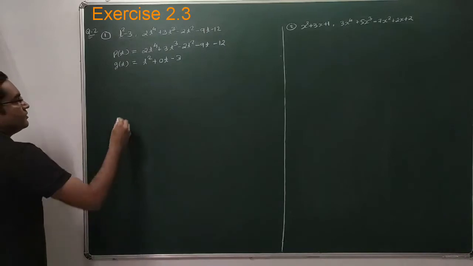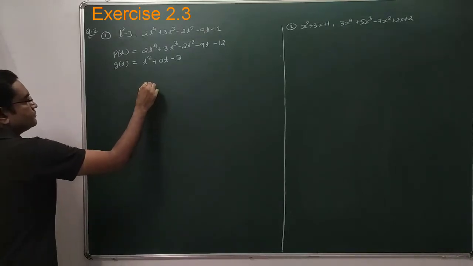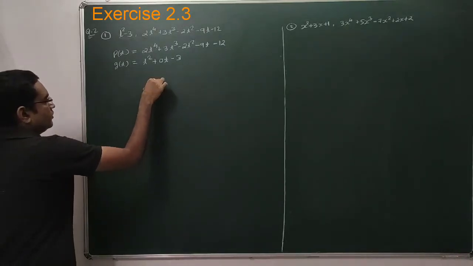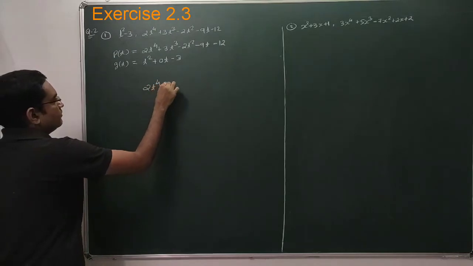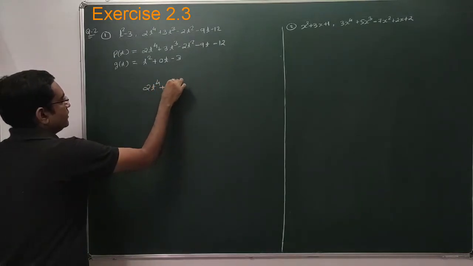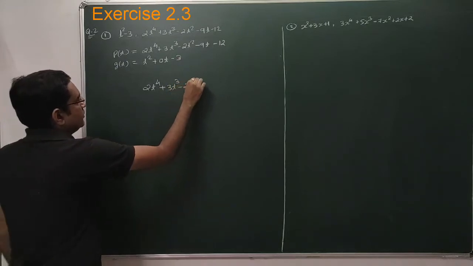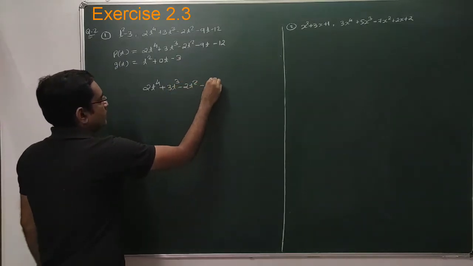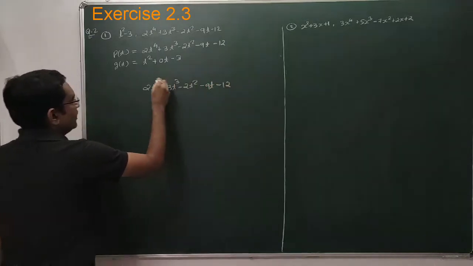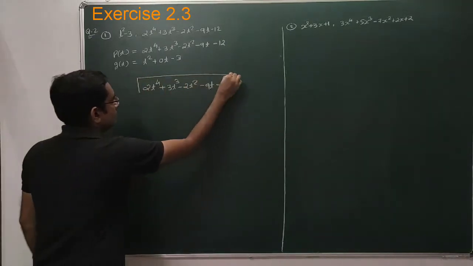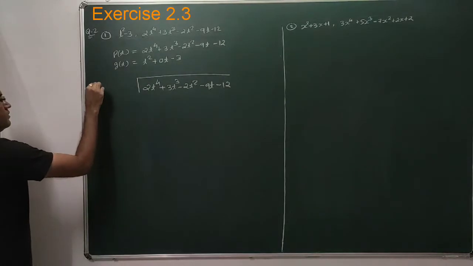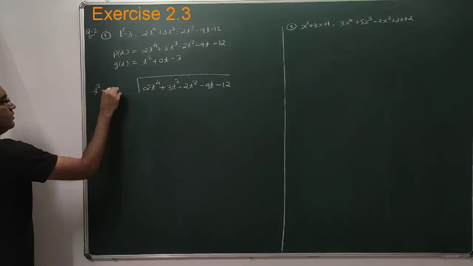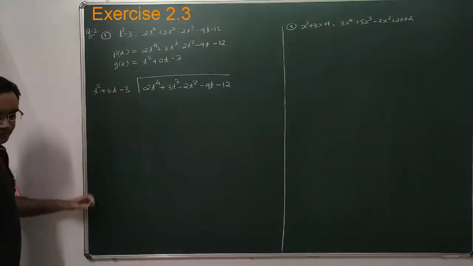Now start long division. So for long division, you have to divide this 2t raised to 4 plus 3t raised to cube minus 2t squared minus 9t minus 12 with this t squared plus 0t minus 3.